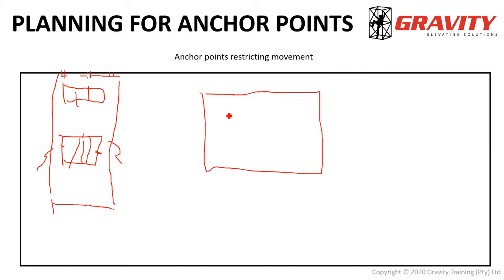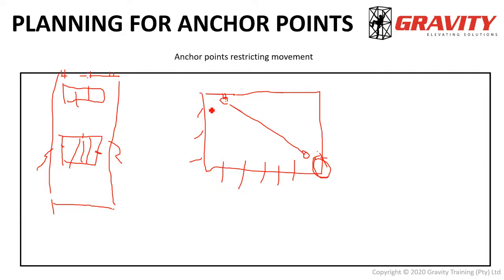Another example of this is if you are in a work restraint position on a rooftop, say, and you have your anchor point there and you want to use a work restraint system and you need to work there. The problem is the only way you can work here is if you have a long enough lanyard to allow the person to reach this area. But that now creates an issue where this entire edge becomes a danger zone, because if he steps over and back, that lanyard won't be long enough to prevent him from falling over the edge.